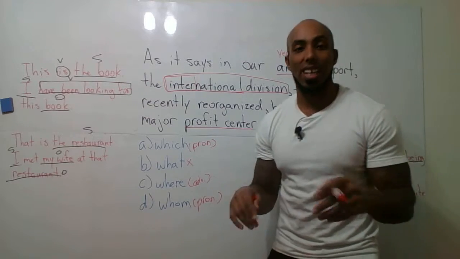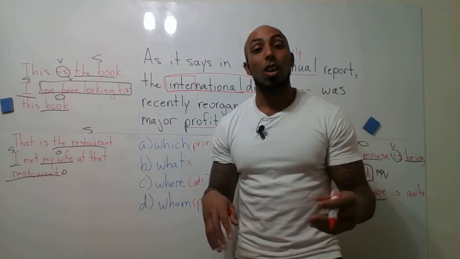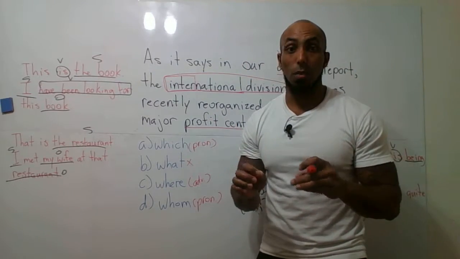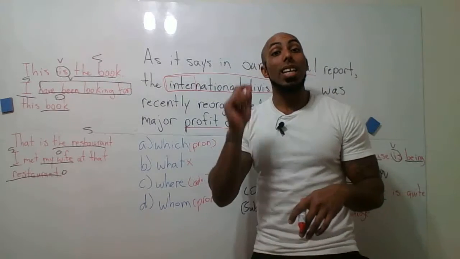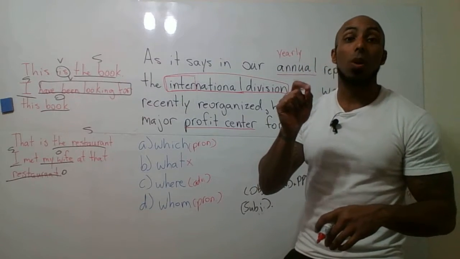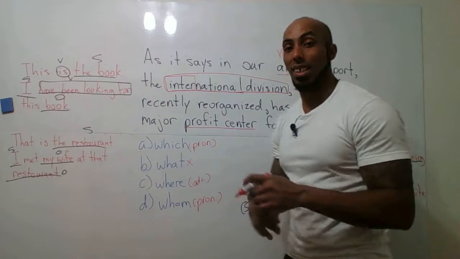A division does not eat. A division does not sleep. A division does not walk. The group of people who are in the division do all of those things, but the division that they make does not do that. So it is an inanimate object or a thing. Now, which relative pronoun do we use to replace a thing when combining a sentence?